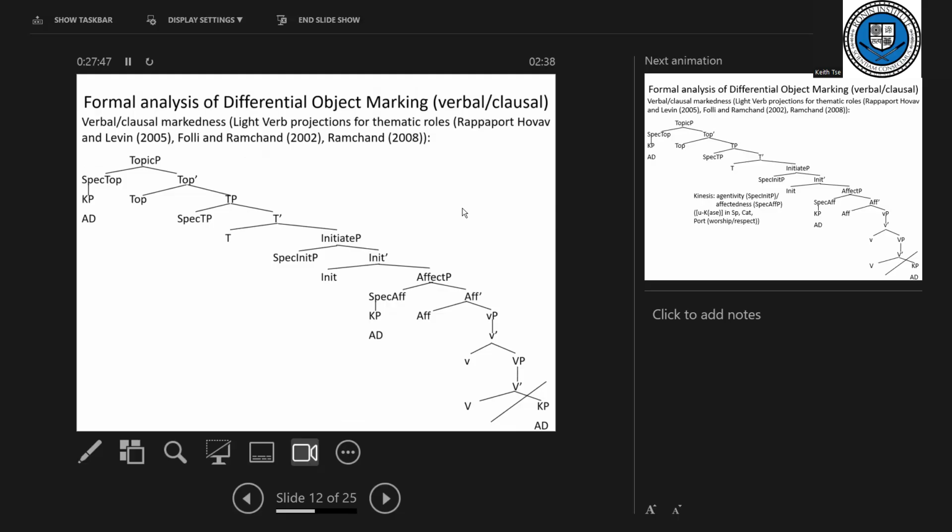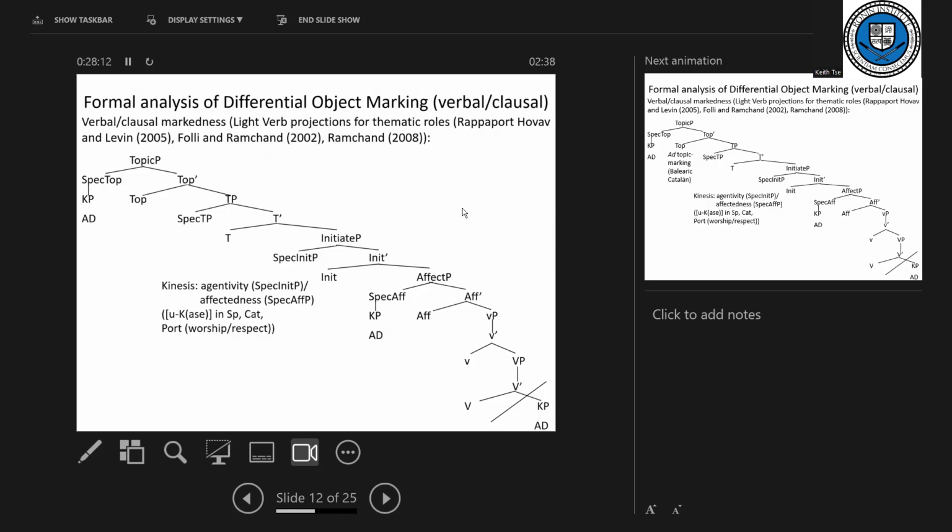In the verbal and clausal structure, okay, so if we look at this tree again, transitive verbs are crucial in Spanish and Catalan, where inanimate nouns can be marked by highly transitive verbs. And here, animacy isn't a factor. The verb itself, the fact that it's highly transitive and affective, triggers DOM.